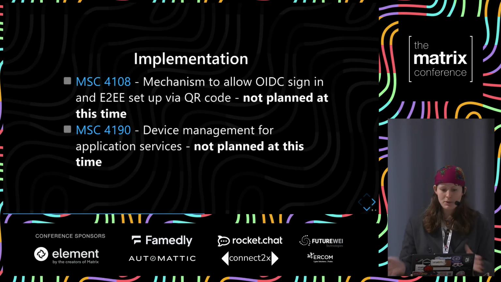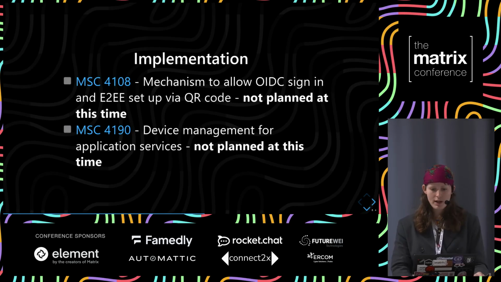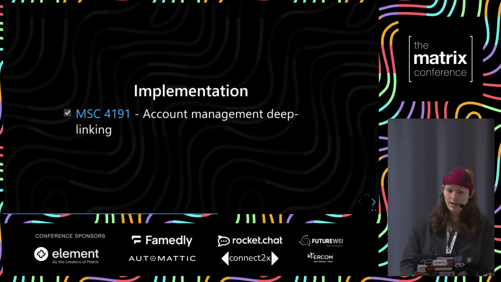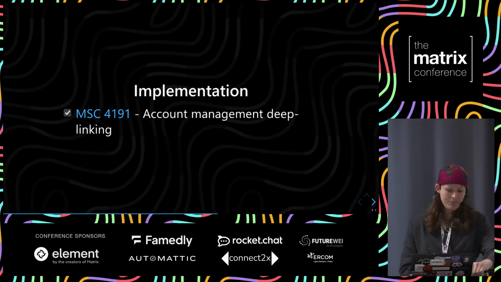And device management for application services is simply not relevant for me because I'm a Matrix client, and the Matrix Dart SDK focuses on many things, but definitely not application services. Also, one unstable MSC implemented is the deep linking for account management. Because it's a couple of lines of code, I implemented it.